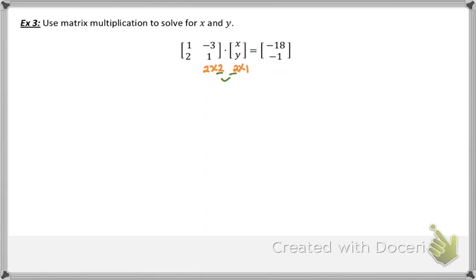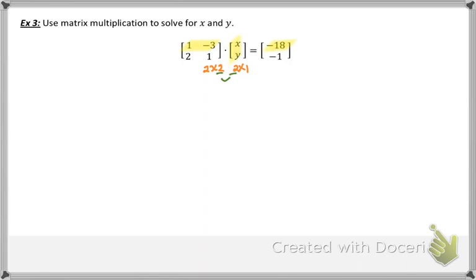So in order to solve for x, let's see if we can do the process of multiplying. Now, let's go in reverse and think about how I got this negative 18. This negative 18 is in the first row, first column. So in order to get the negative 18, I had to multiply the first row by the first column.